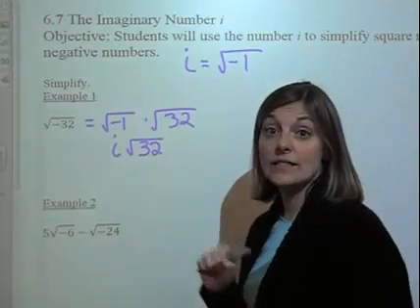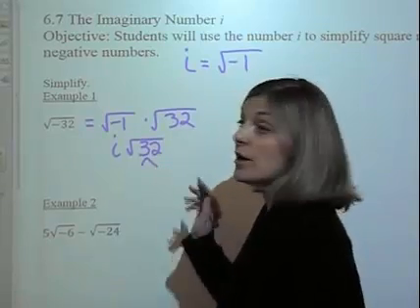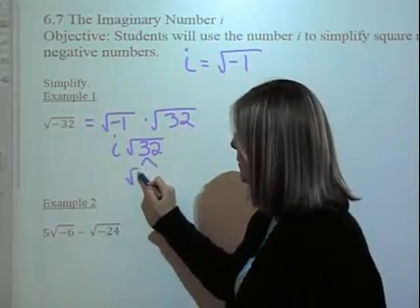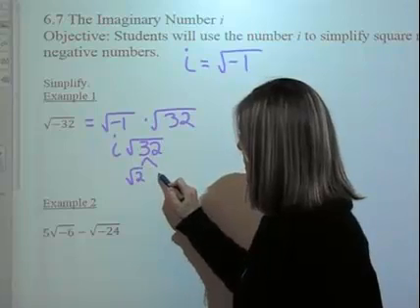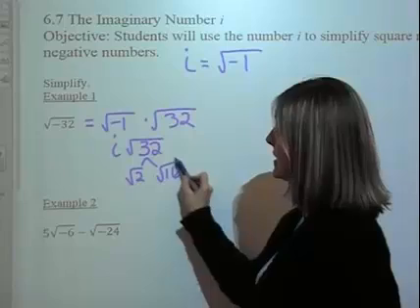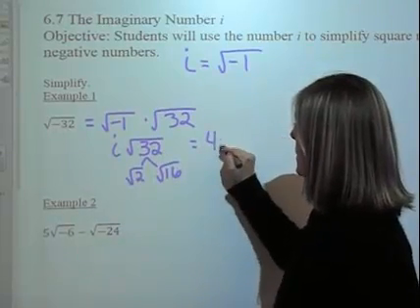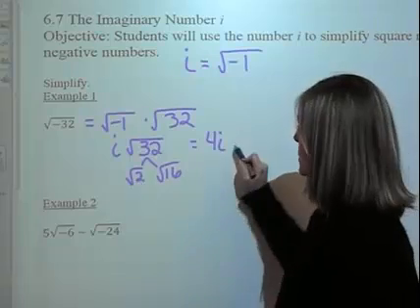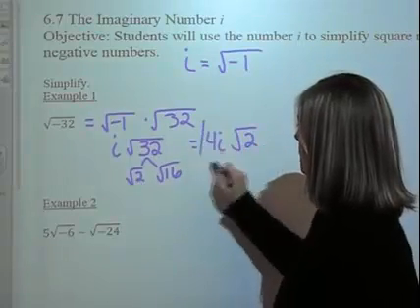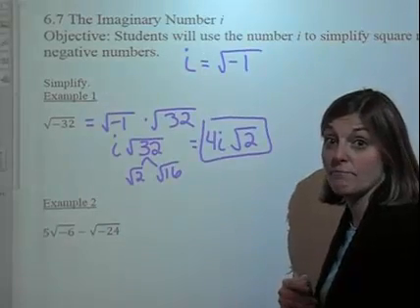Then we can simplify the square root of 32. That will break down into the square root of 2 and the square root of 16. The square root of 16 is 4, so we bring out that 4. So we have 4i, and then we still have that square root of 2. And so that is the square root of 32 simplified.